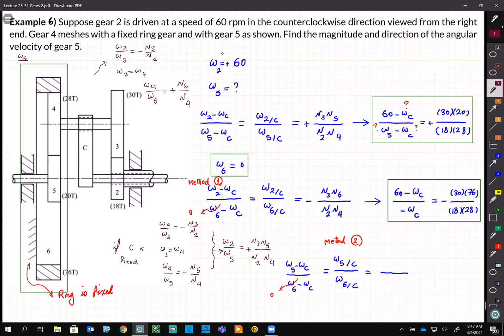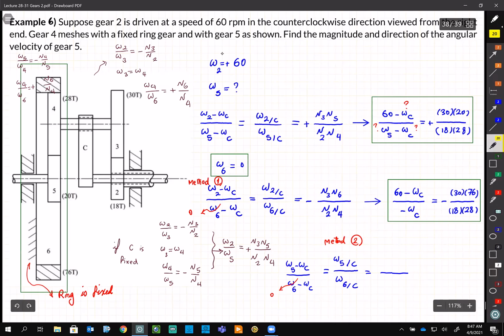So simply 5 is rotating 4, and we know omega 5 over omega 4 is minus N4 over N5. And then 4 is rotating 6, and they are plus because we have one internal gear, right? No change in direction. And it's going to be N6 over N4. Multiply them, you will get rid of N4.